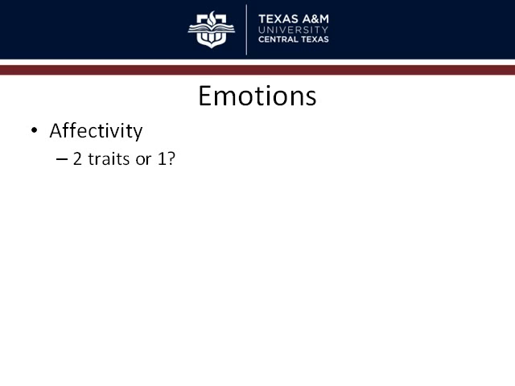You have all these different possible combinations if they're not on the same dimension. And we know that you can have positive and negative emotions at the same time. Emotional experiences are incredibly complex, more so than many of our other psychological experiences. So this idea of, is it two traits, is it one, is still being researched, jury's still out.